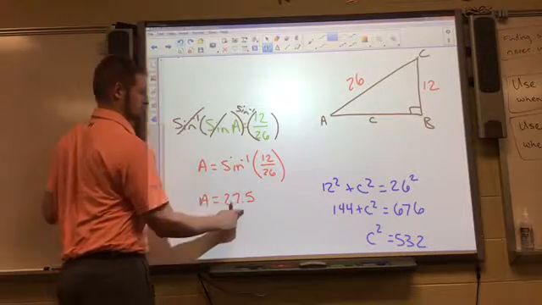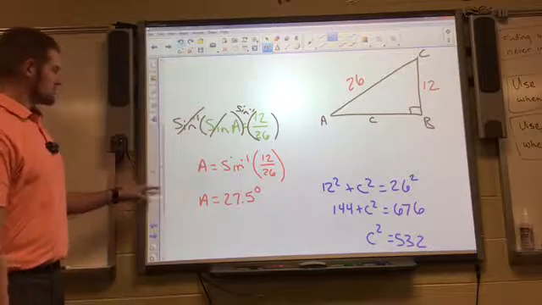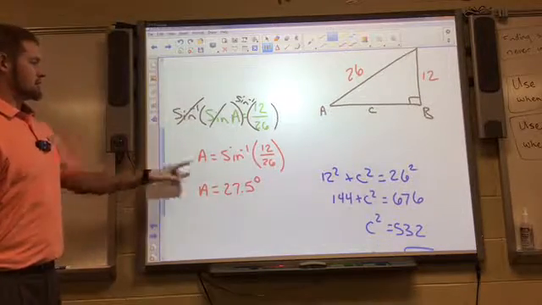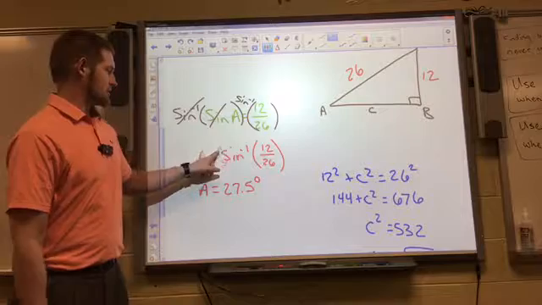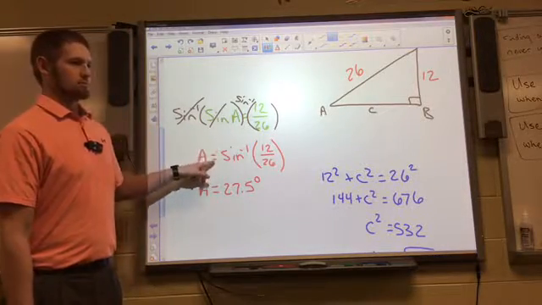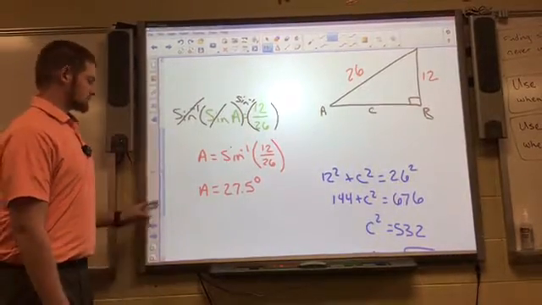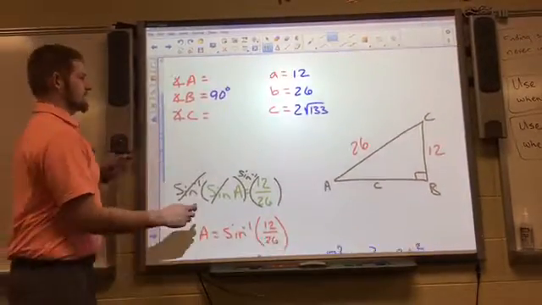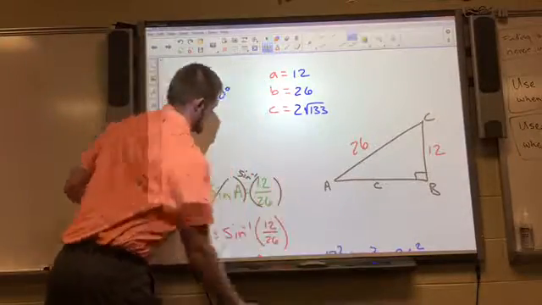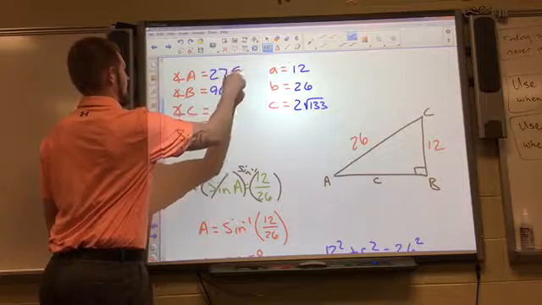So I need to make sure what's on this? Degrees. Good. I typed exactly this: inverse sine of 12 over 26. So angle A is 27.5 degrees.